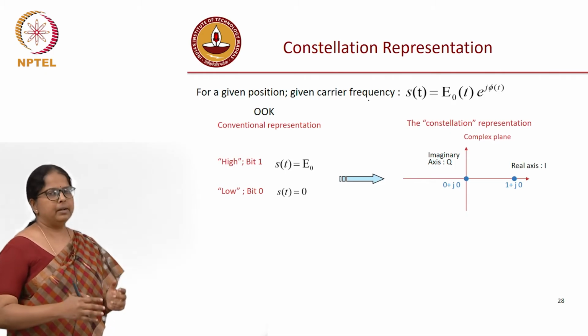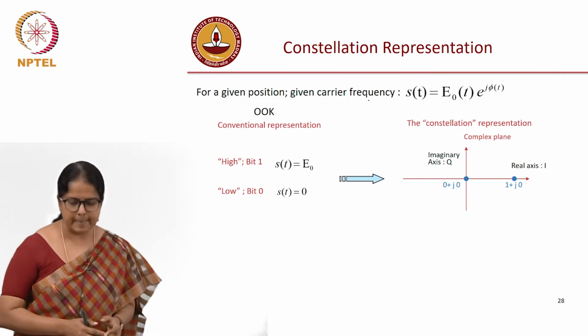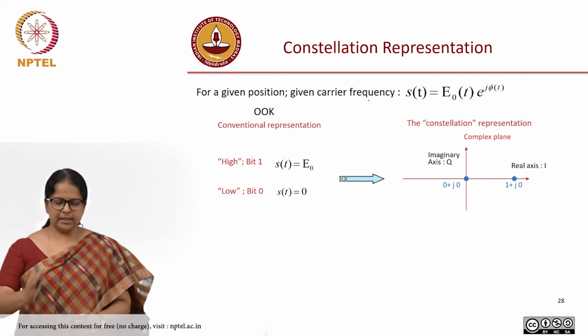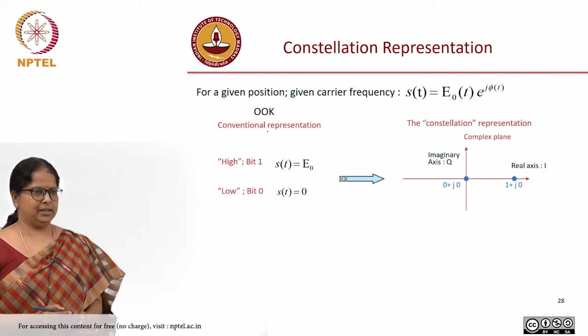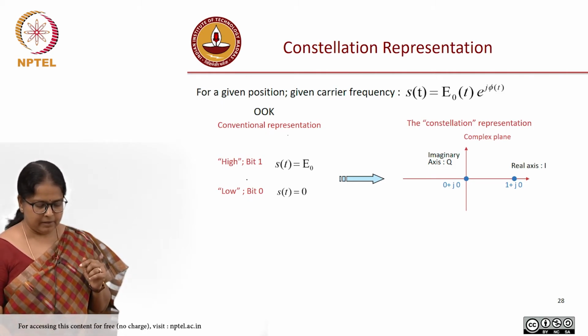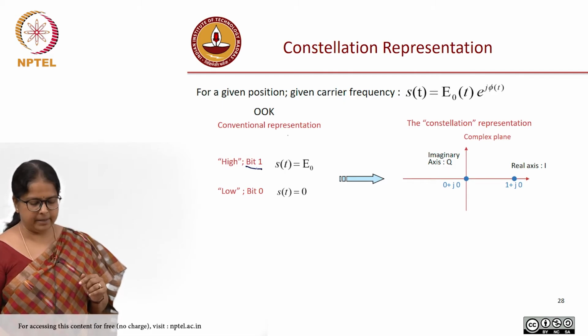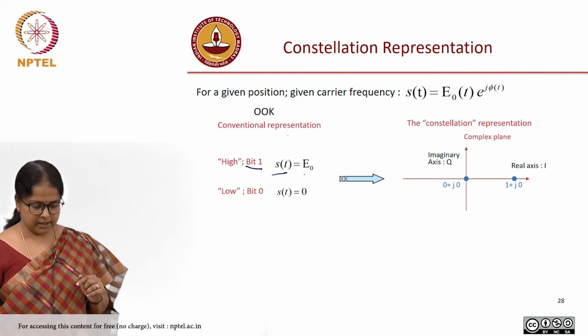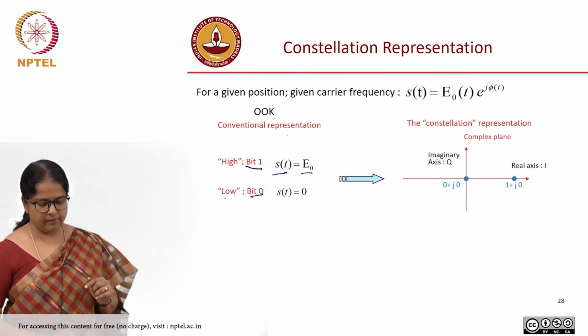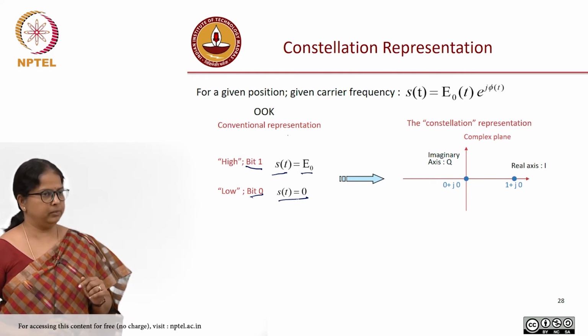For the same modulation we can do a constellation representation. So, let us take on-off keyed data. In the conventional representation, when the bit is high, bit 1, the signal s(t) is E naught. When the bit is low, 0, s(t) is 0.